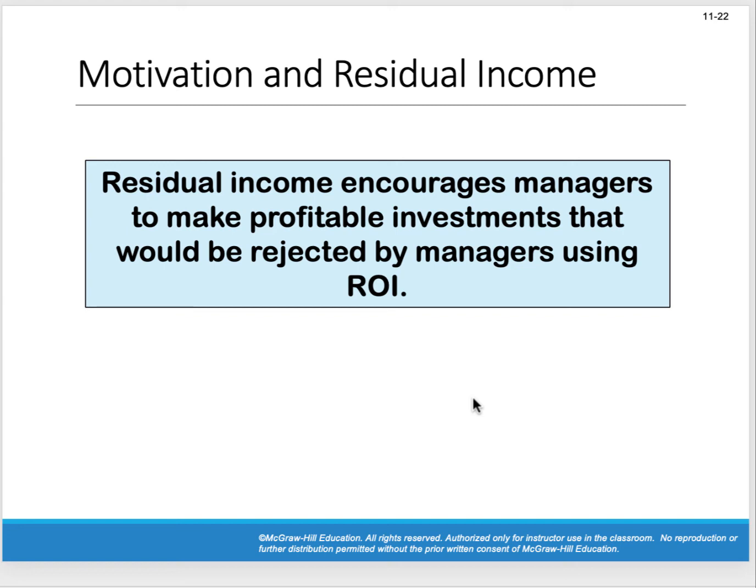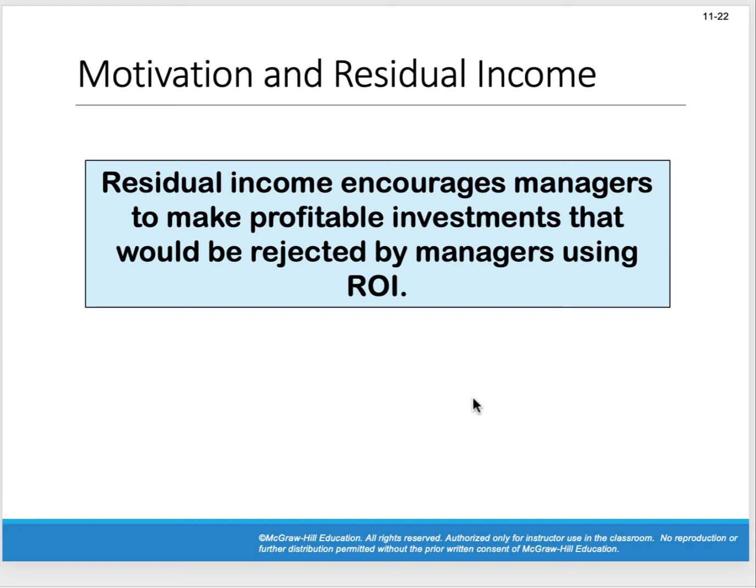We said that using ROI alone, managers could reject profitable investments. So what if we use residual income? Well, if we use residual income as a basis of our decision, residual income encourages these managers to make profitable investments that they would have rejected if they were using ROI.